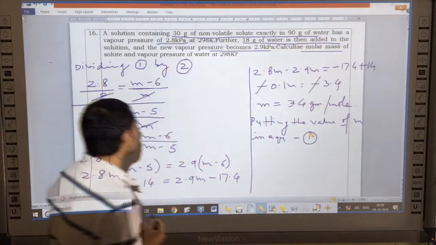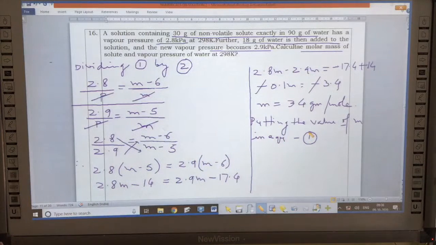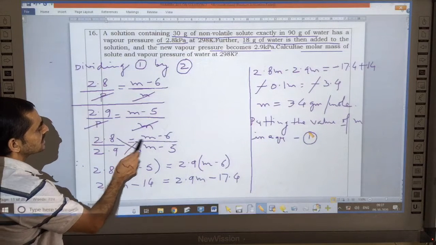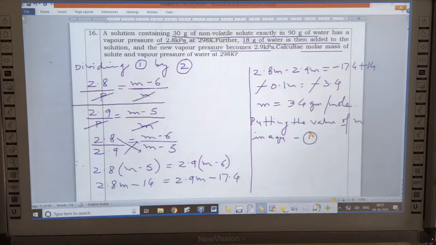Let us put it in equation 1. What is equation 1? You can write over there 2.8 upon P is equal to M minus 6 upon M. Instead of M, we will write 34 and you will get the answer. Yes or no? We have to calculate vapor pressure here. From here you can get what is required.